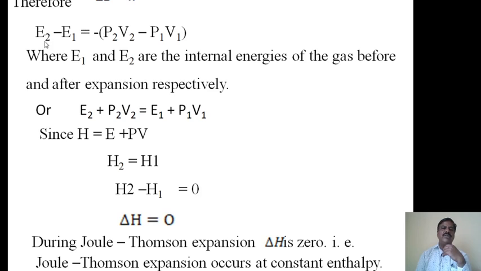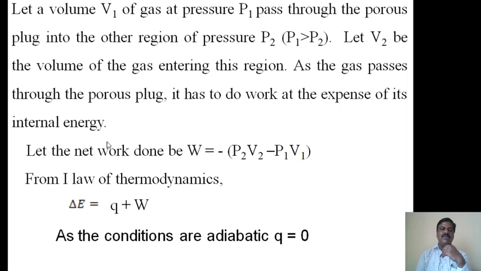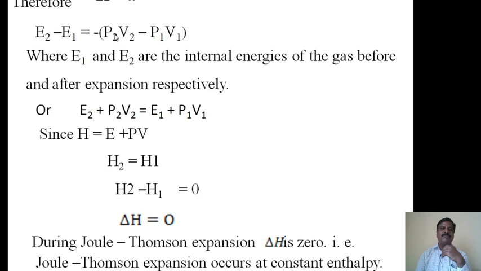We know that delta E can be written as E2 minus E1, and that equals the work done, W, which is minus P2V2 minus P1V1, where E1 and E2 are the internal energies of the gas before and after expansion respectively.